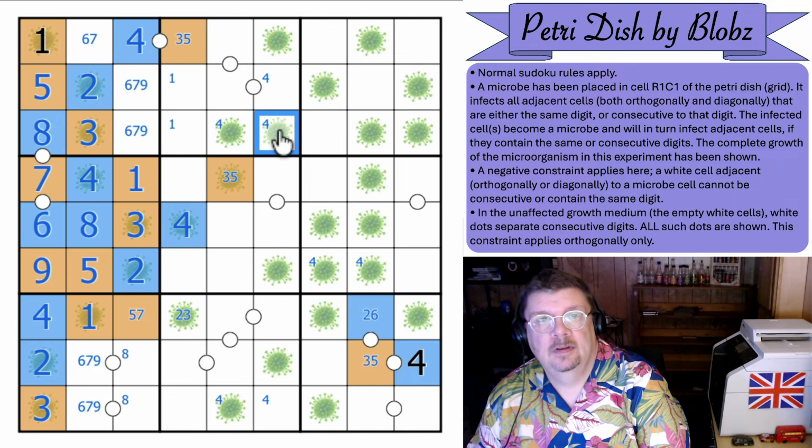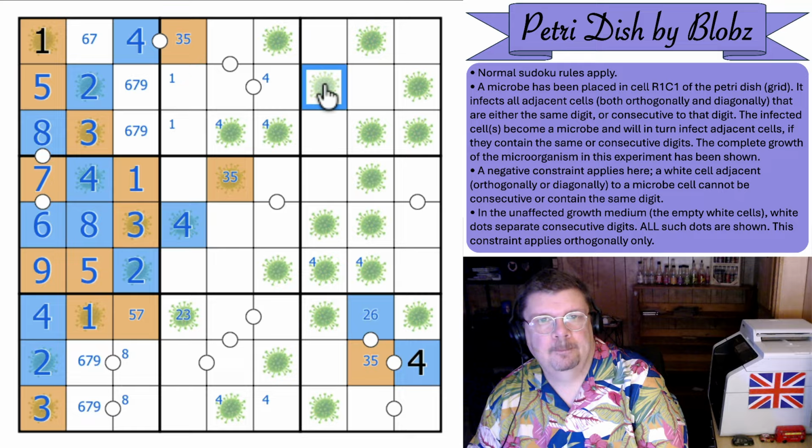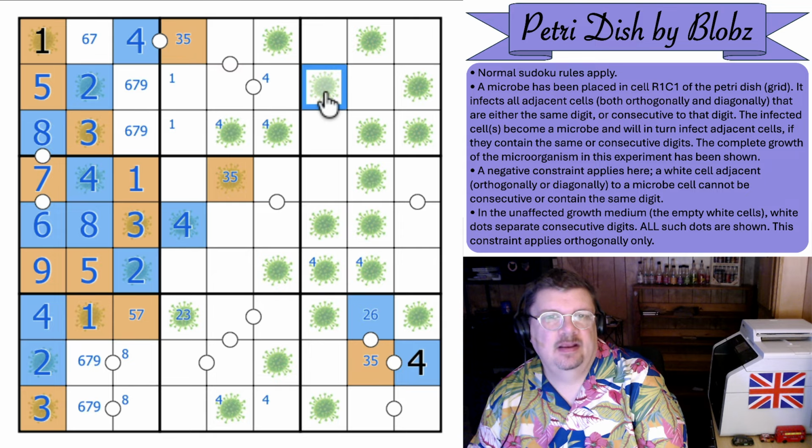So if that were a 2 to make that a 1, that can't also be a 2. And it can't be a 1 by sudoku. So that's not a 1. That feels important. Does that mean that that can't be a 2? No, that could have been a 3 in that case.